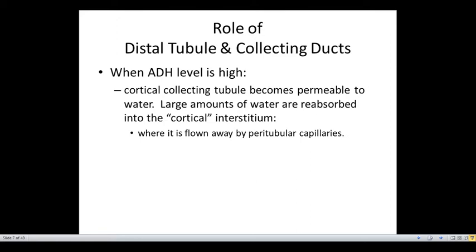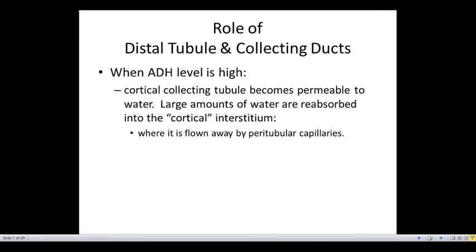When antidiuretic hormone level is high, cortical collecting tubule becomes permeable to water. Large amounts of water are reabsorbed into the cortical interstitium, where it is flown away by the peritubular capillaries.